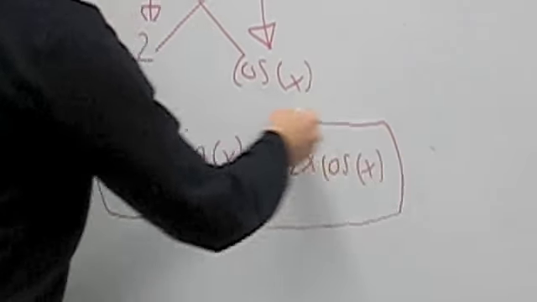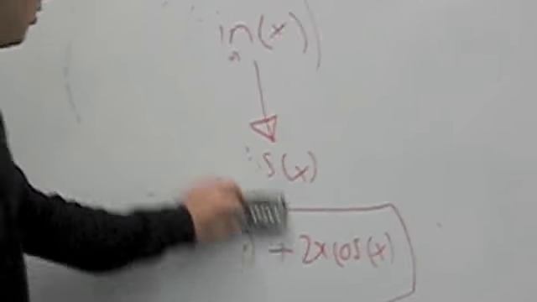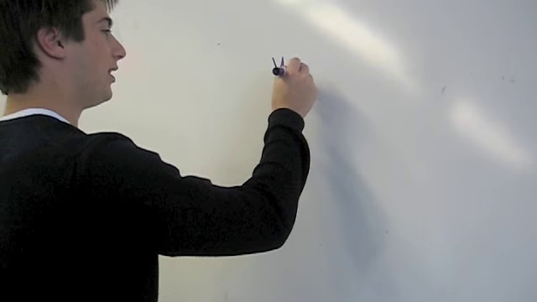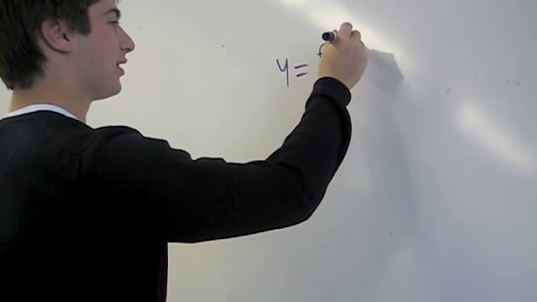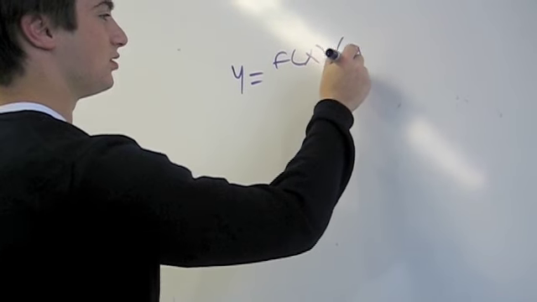To get more specific, the actual formula for the product rule is this. We just showed you how to do it. This is the actual formula. Y equals f of x times g of x.